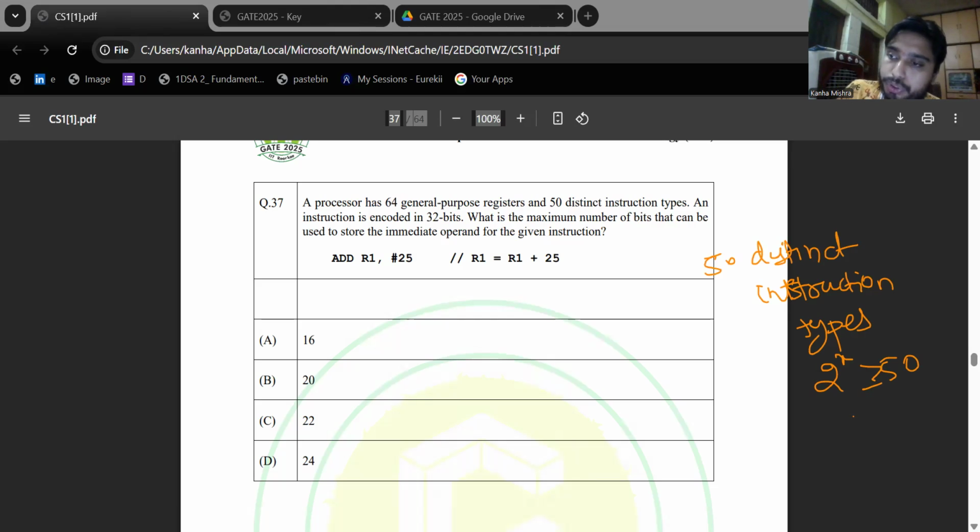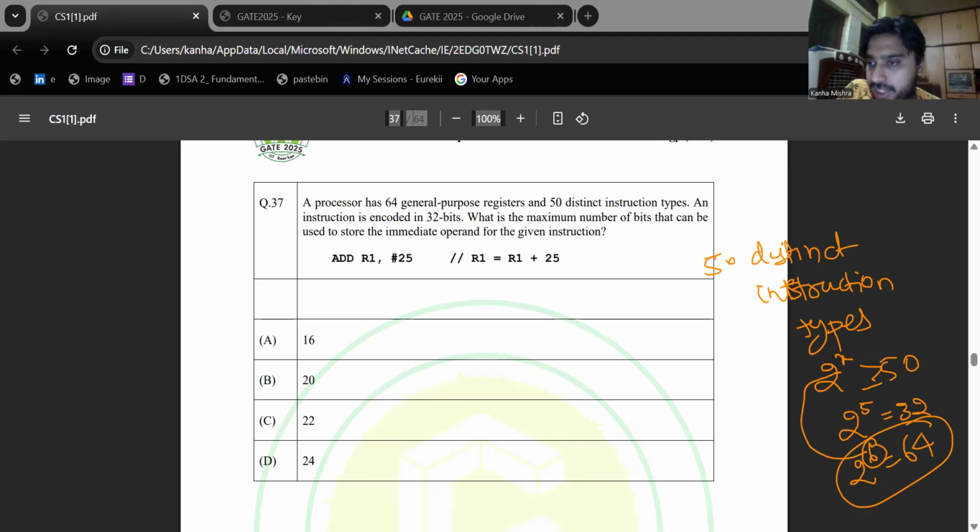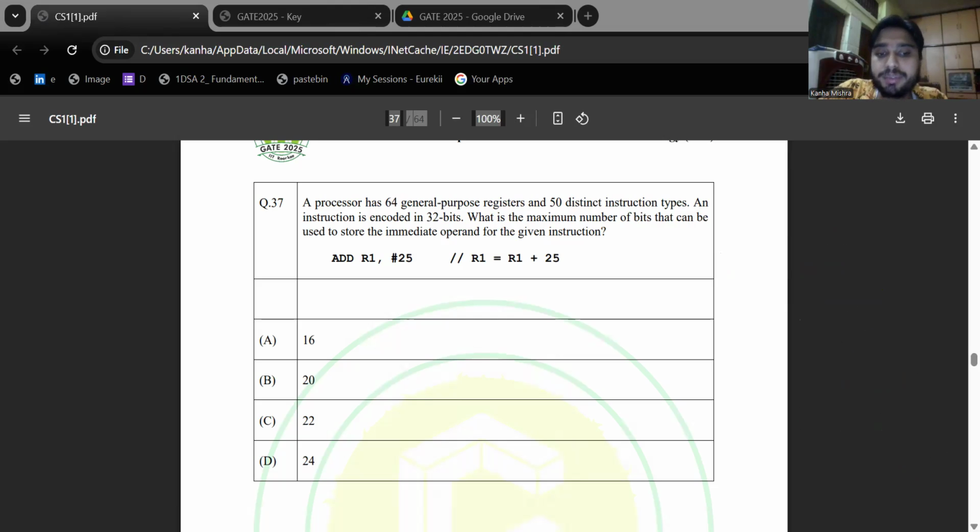So 2 to the power 5 is 32 and 2 to the power 6 is 64. So this satisfies it, and I can say that 6 bits are enough for the opcode because there are 50 instruction types.